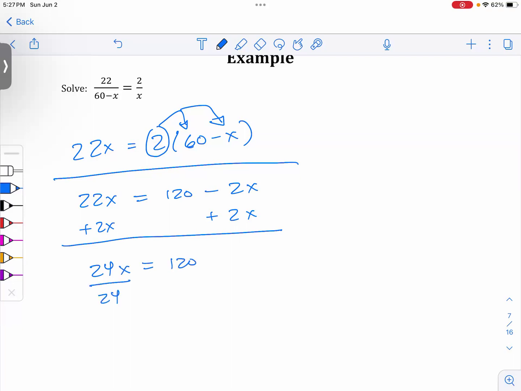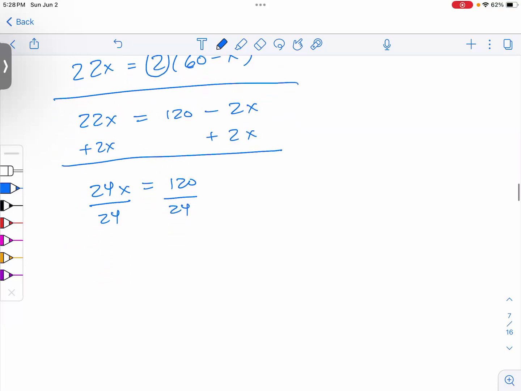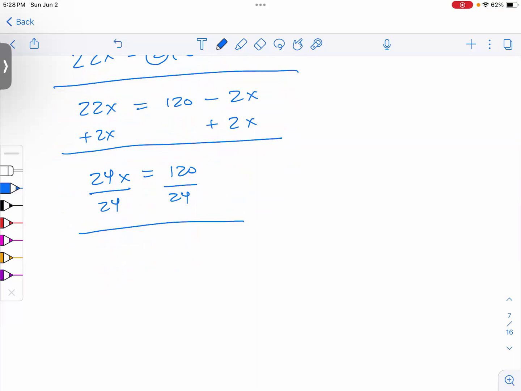Divide by 24. And then simplify down. Okay, let's see. We get 60/12ths, and then 30. What did I divide by 2? 36ths. Oh, 5. Beautiful.